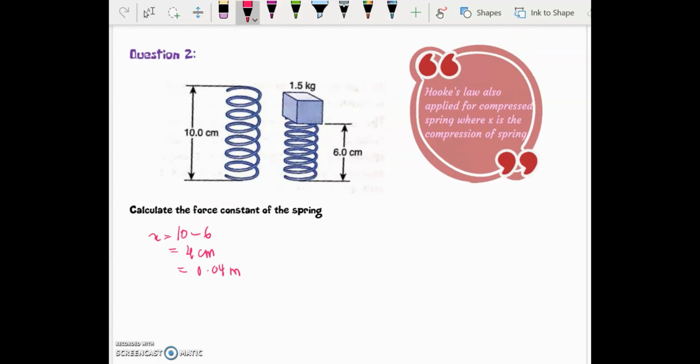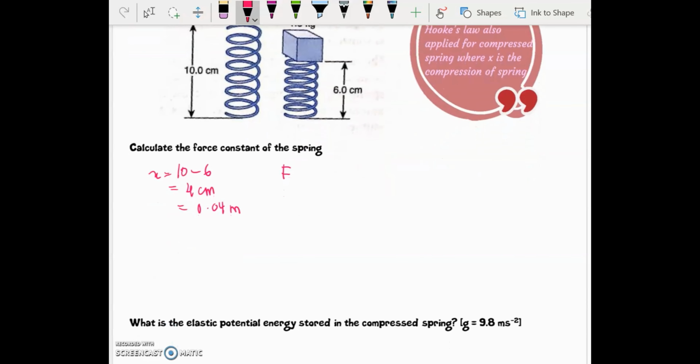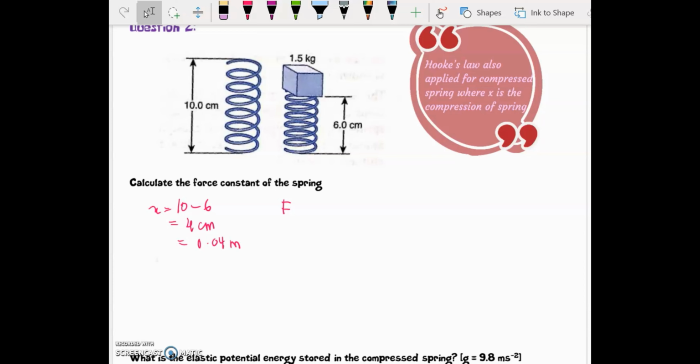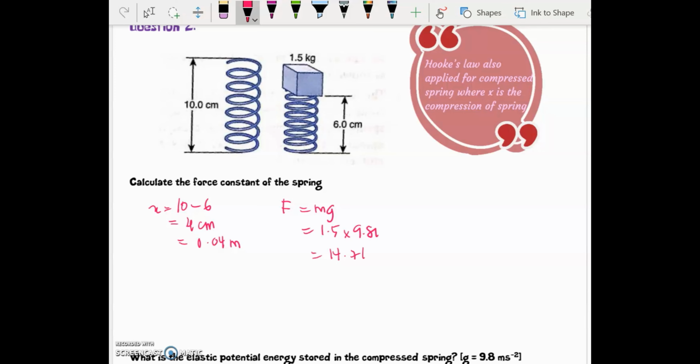Next, you also need to find the force. Given that gravitational acceleration is 9.81, force is mass times gravitational acceleration. So 1.5 times 9.81, which is 14.715 Newton.